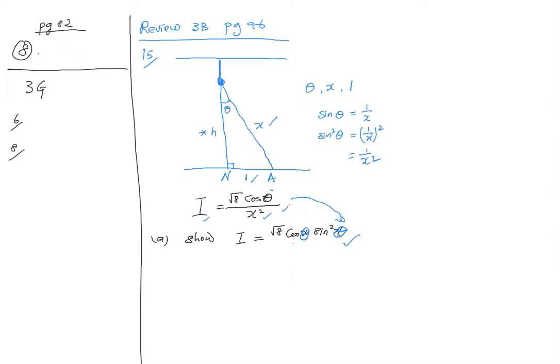Because my I is equal to square root of 8 cos theta, and I can write this as 1 over x squared. We can write it like that, am I right? So now we write down this one, then we replace.